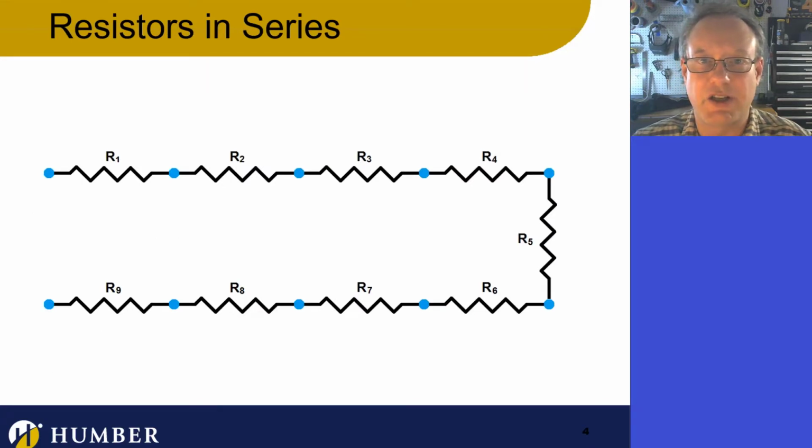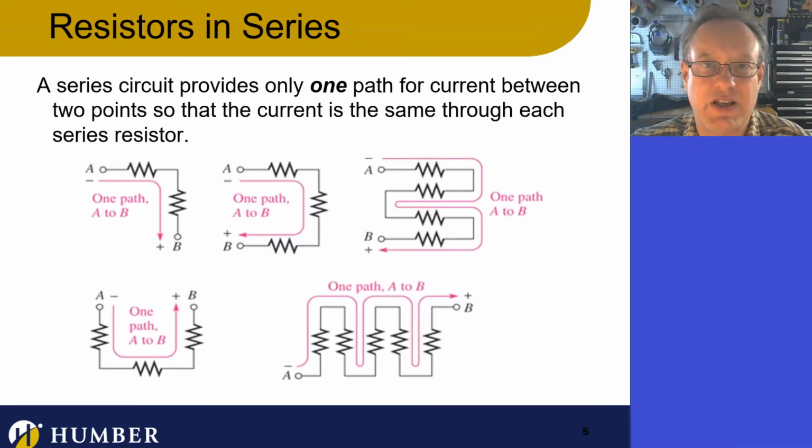So let's move forward and take a look at what a series circuit is. A series circuit looks like this, or more specifically, this isn't a whole circuit. This is just a bunch of resistors connected in series. I think you're getting it now. They're all connected in a line. So essentially what we can see here is the current is traveling through all of the resistors.